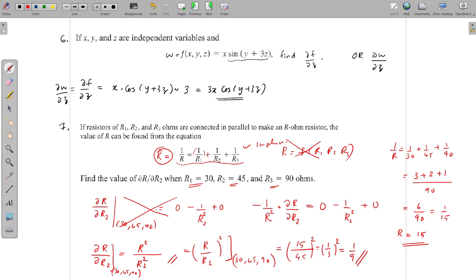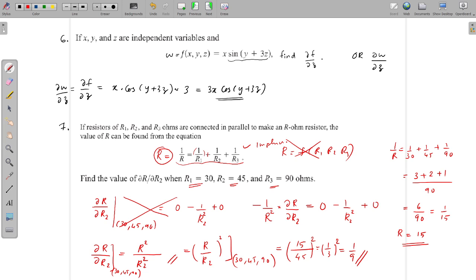One thing you should remember is that there is a temptation to write the partial derivative of R with respect to R2 directly from this expression. But that is possible only if R is a function of R1, R2, R3. Here, the expression is not in R, so to get the expression of R you would need to consider the reciprocal of this function first, and then evaluate the derivative.